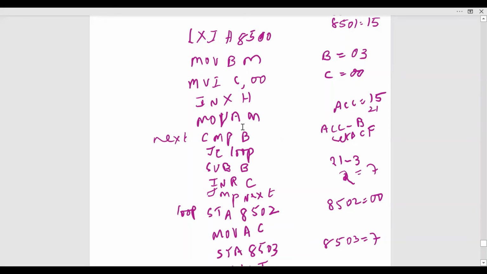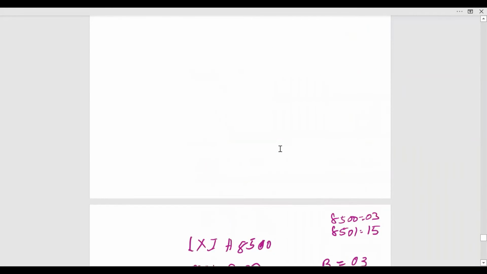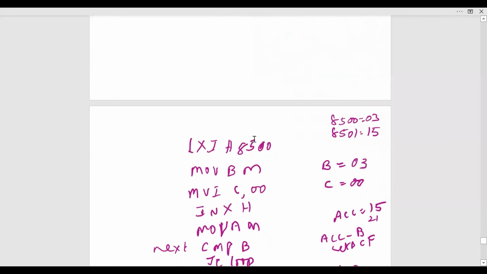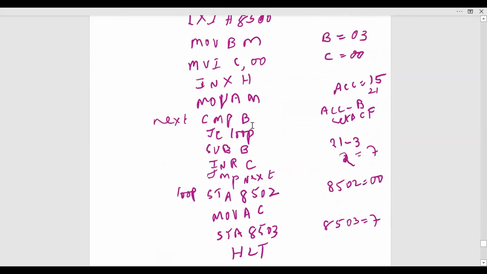If there is no carry after comparison, we have to perform the subtraction, and for each subtraction, we have to increment the C value by 1. So this has to be repeated until we get the carry. When will we get the carry for a subtraction? Once the contents of the accumulator become 0 and B is always 3. So 0 minus 3, the last state, it is carry. Immediately it moves.